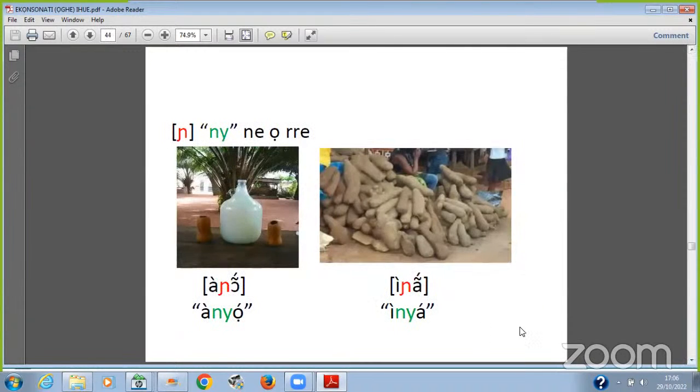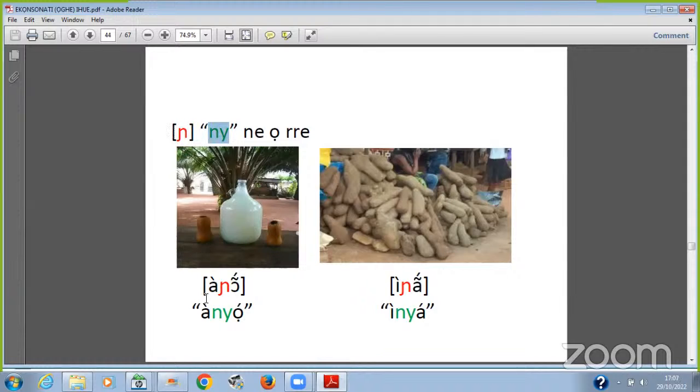So the third sound that we use digraphs to write in Edo is the N, as you have it, that is the digraph NY.